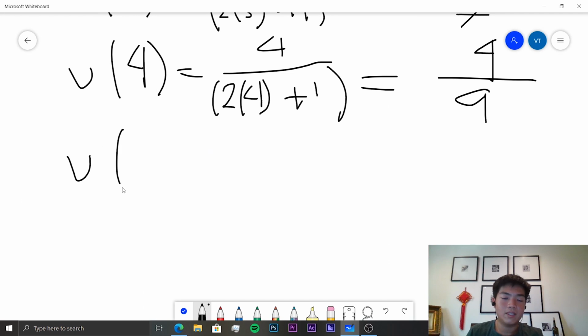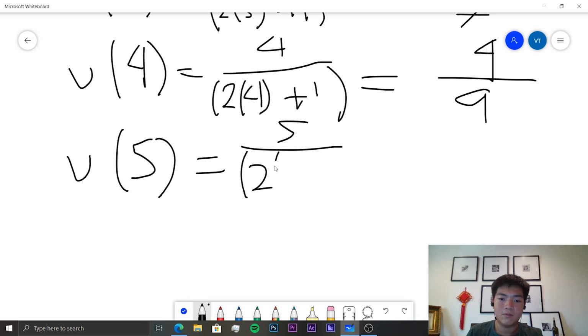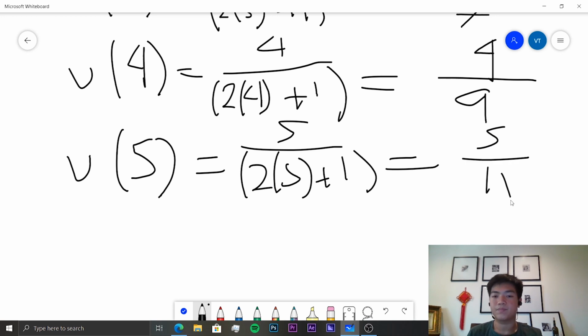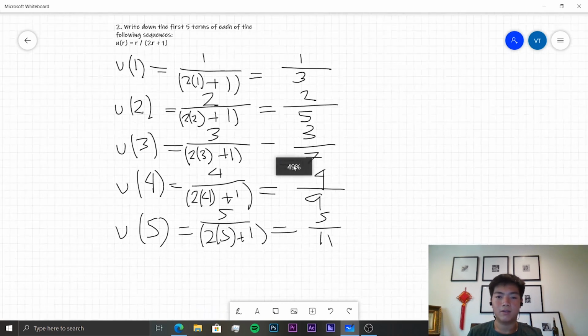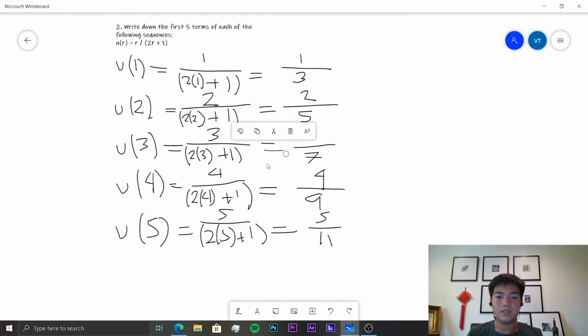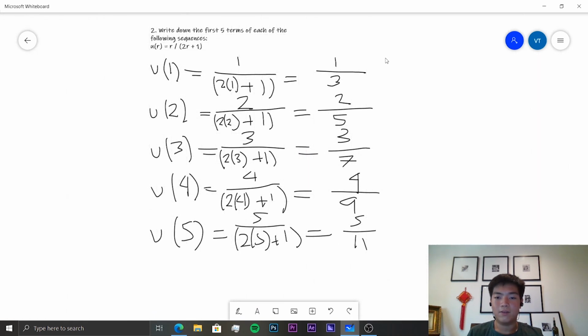And our fifth term in the sequence is 5 divided by 2 times 5 plus 1, which is equal to 5 over 11. So these 5 terms are the first 5 terms of the series.